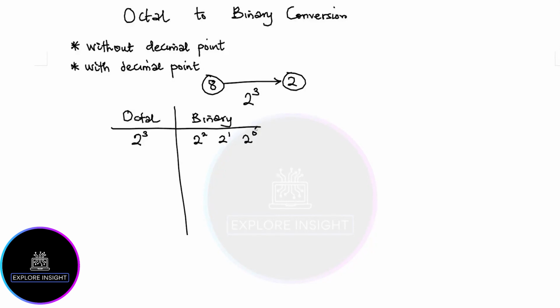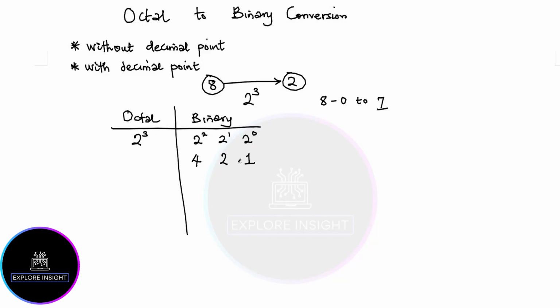In our previous video, I made mention that if we have the value 8, it means it will run between 0 to 7, and 7 here is the highest digit. So let's put that down. In a simple form, 2 raised to the power 2 will represent 4, 2 raised to the power 1 will represent 2, 2 raised to the power 0 will be 1.